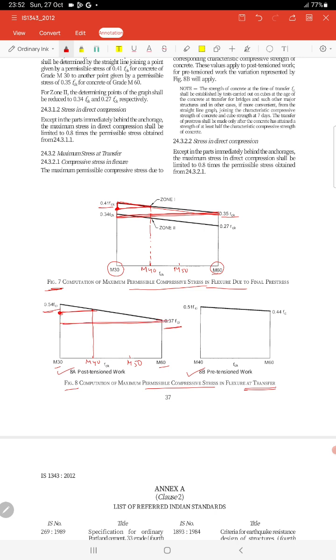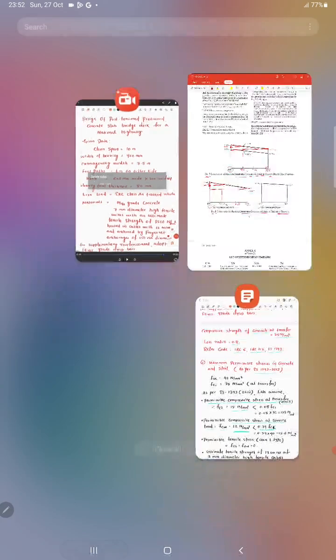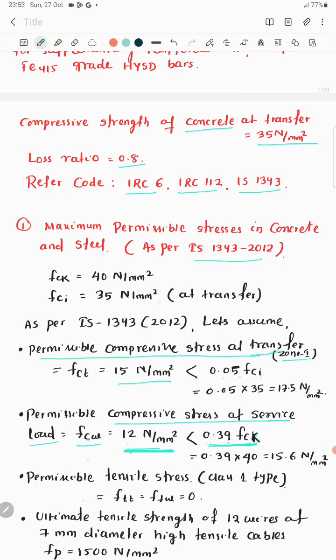From the similarity of these two triangles, we can find out this value, which is coming to be 0.5 FCI, that is equal to 17.5 Newton per mm square.